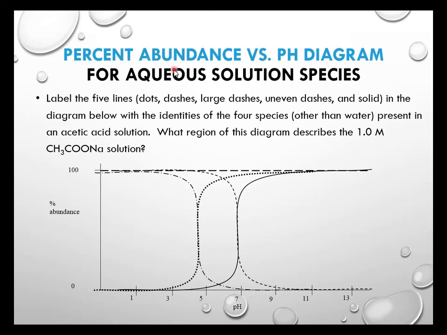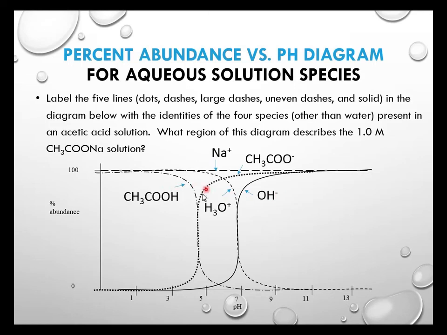Here's the percent abundance versus pH diagram for this situation. Please pause the video and fill in the identities of all these lines. All right, I hope you're getting the hang of this. First, the H3O+ and OH- are easy to fill in.